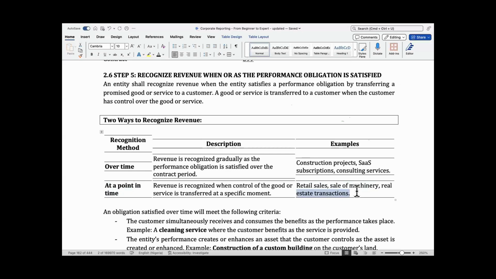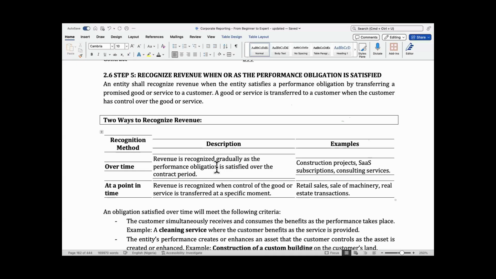In this instance, revenue is recognized when the customer has control over the goods. As soon as the customer has control over the goods or services transferred, you recognize revenue. So this is the core of step 5, how you recognize revenue.